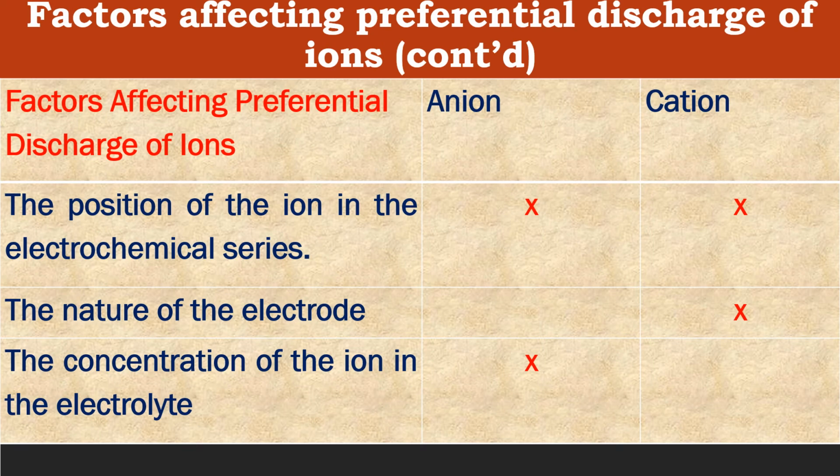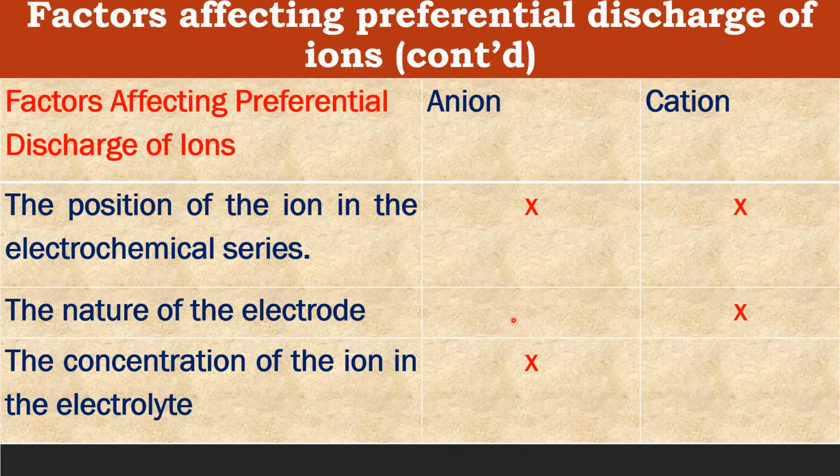So this is the summary of what we are saying about these three factors. Of course, you can see that the position of ion in the electrochemical series affects both the anion and the cation. It affects both of them. You can see I put XX showing that it affects both of them.